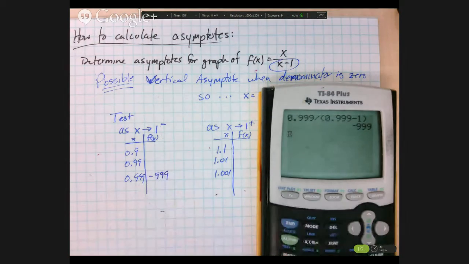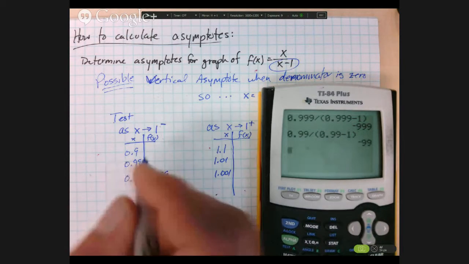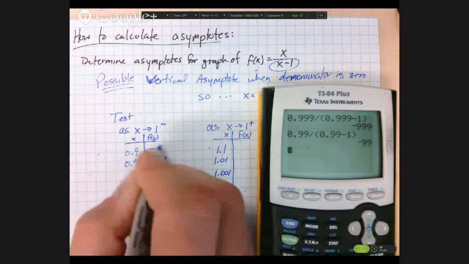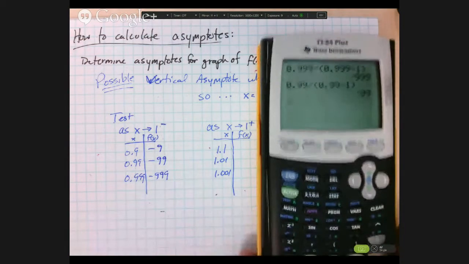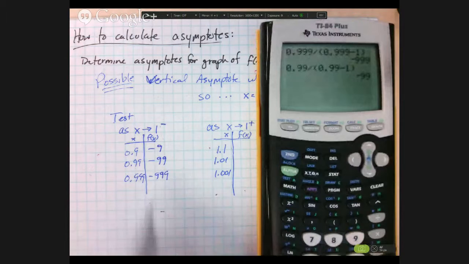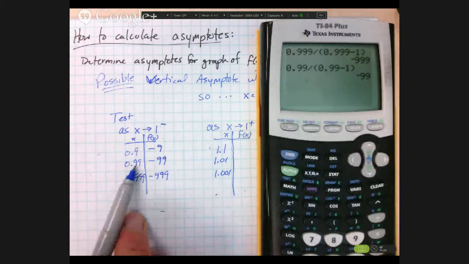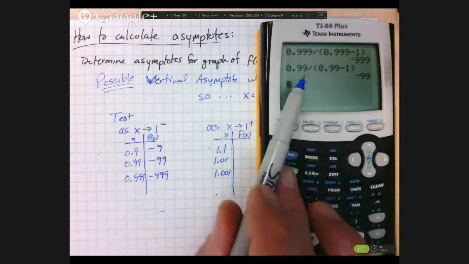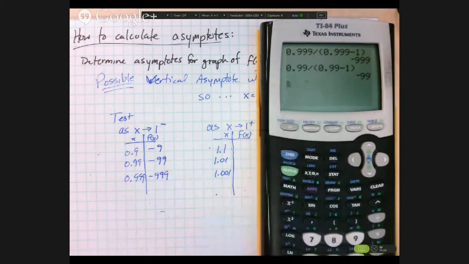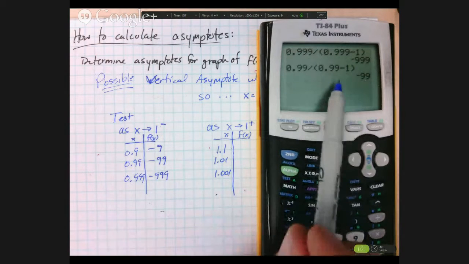And then second entry, and just delete 1. I did 0.99. Did you put the denominator in parentheses?